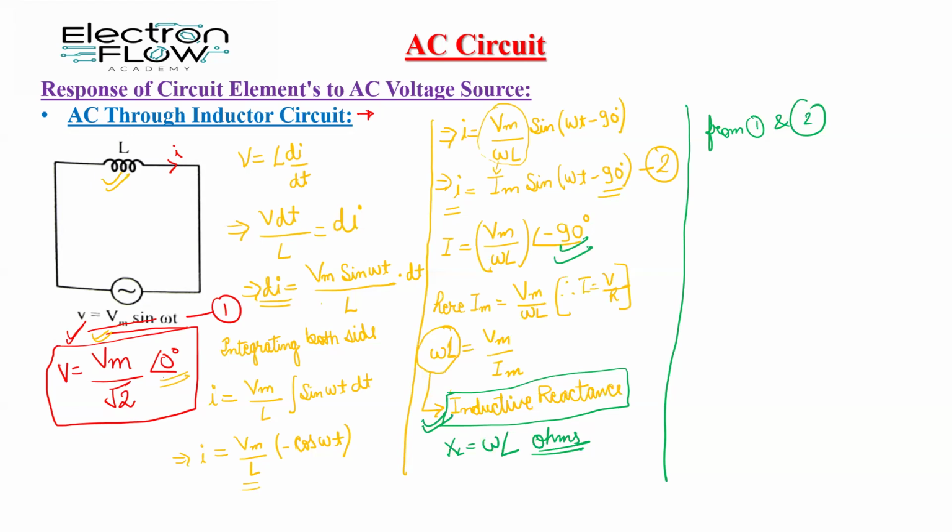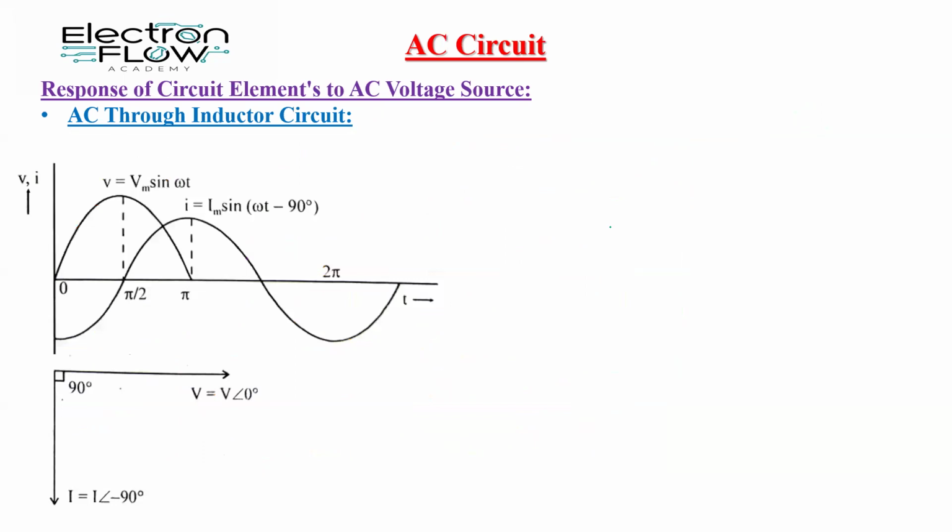If I draw the phasor, it will look like this. We have the voltage at an angle of 0 degree, which is our reference. From the reference, the current is situated at minus 90 degree apart from the voltage. This is the phasor representation.